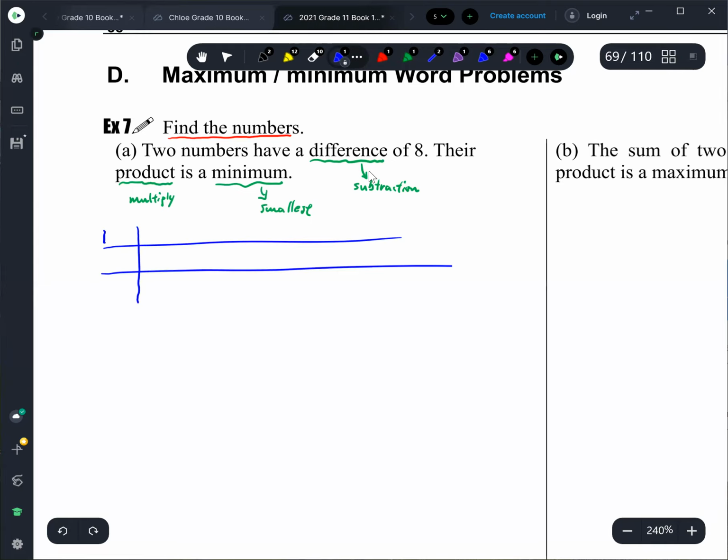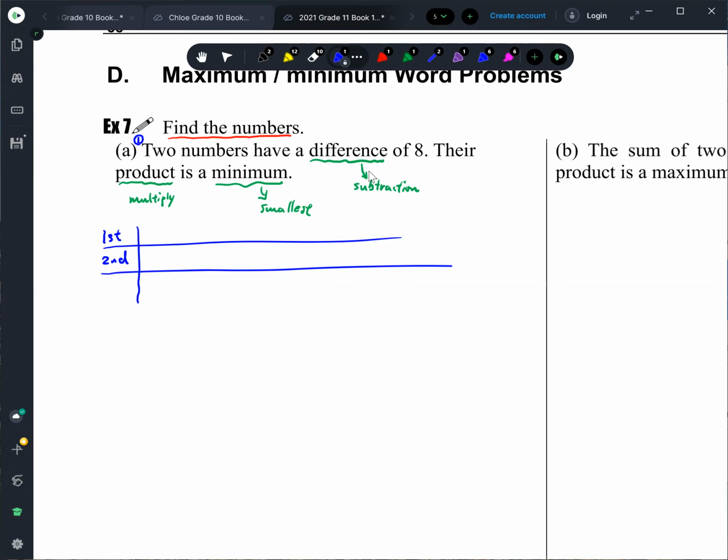You have the first number and the second number. The first condition is they must have a difference of 8. Can you give me two numbers that subtract to equal 8? Wilson, can you give me two numbers? Their difference is 8.